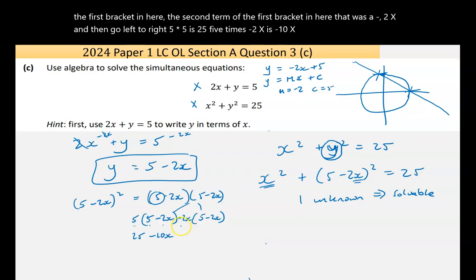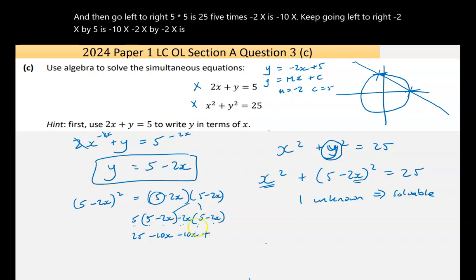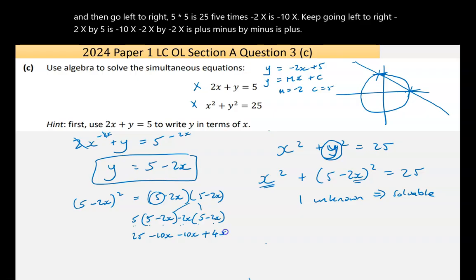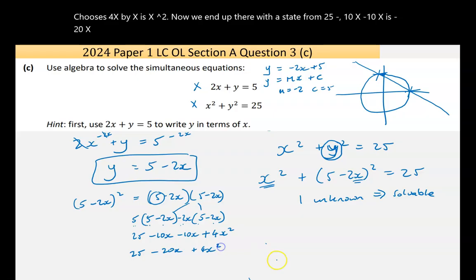Keep going left to right. Minus 2x by 5 is minus 10x. Minus 2x by minus 2x is plus. Minus by minus is plus. 2 2's is 4. X by x is x squared. Now we end up there with a statement 25 minus 10x minus 10x is minus 20x plus 4x squared.